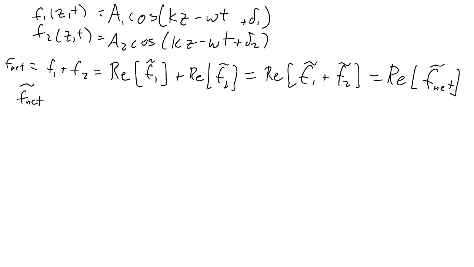All right, I'm going to write in my complex f1 and complex f2. So that's going to be a1 complex, and we'll have e to the i (kz minus omega t). And then over here, complex amplitude.